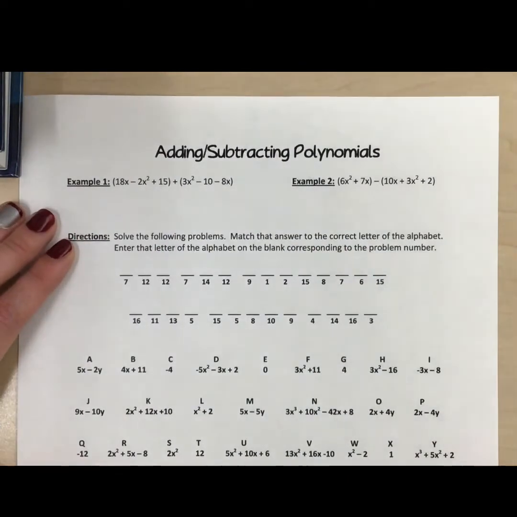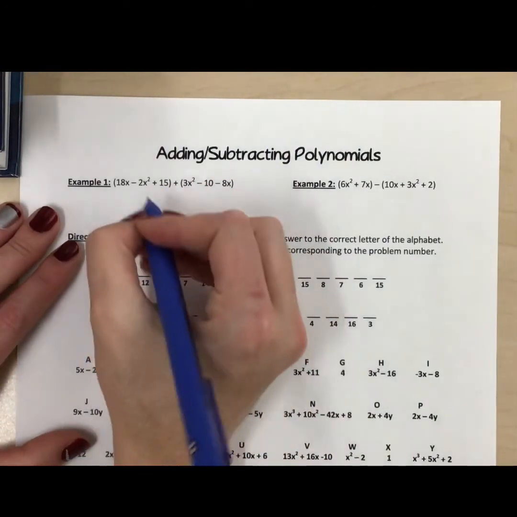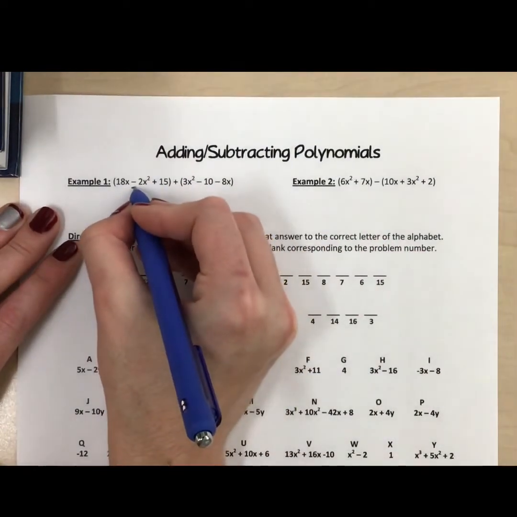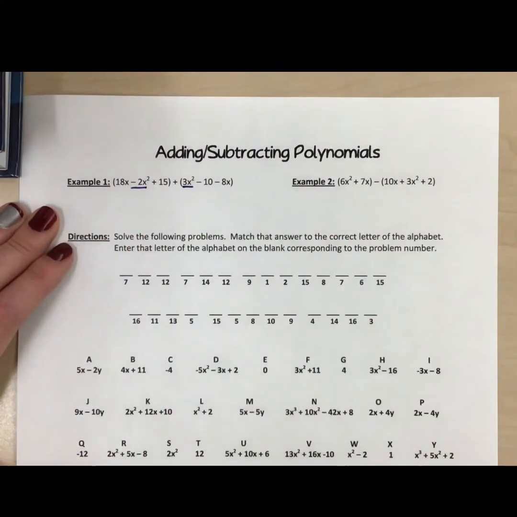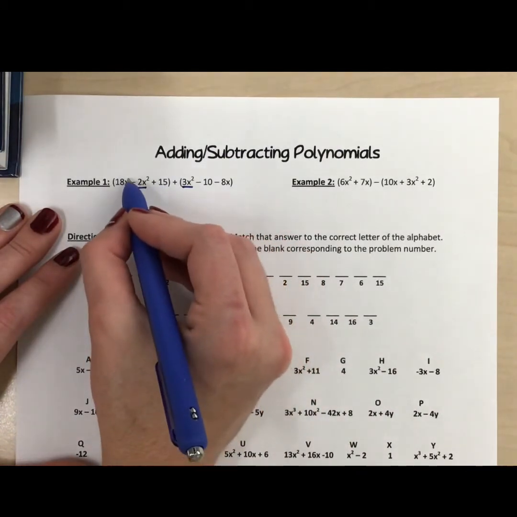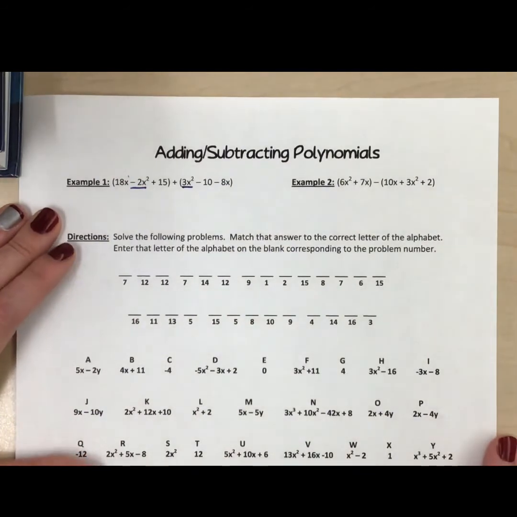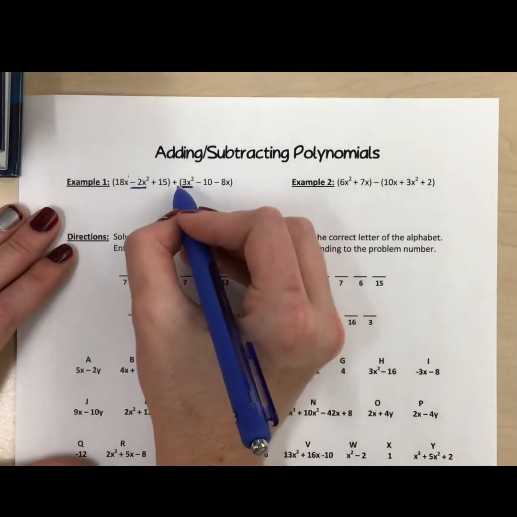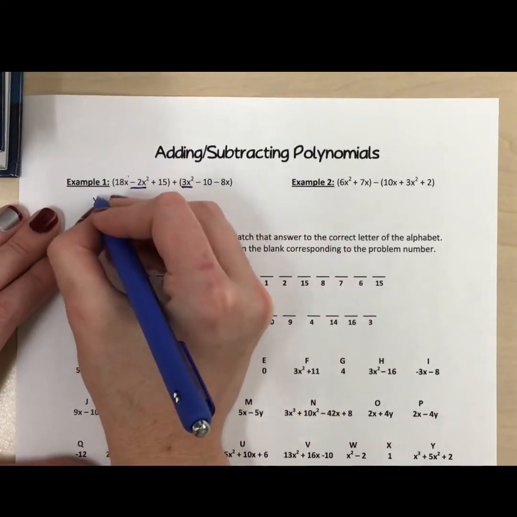So what I want to do is group these with their types, and I like to group the same type of exponent as the highest exponent and then work my way down. So I'm going to have minus 2x squared and 3x squared, remembering from our last discussion that the highest exponent would be 2, and then no variables here. So if I have 3x squared plus a negative 2x squared, that would give me just x squared.